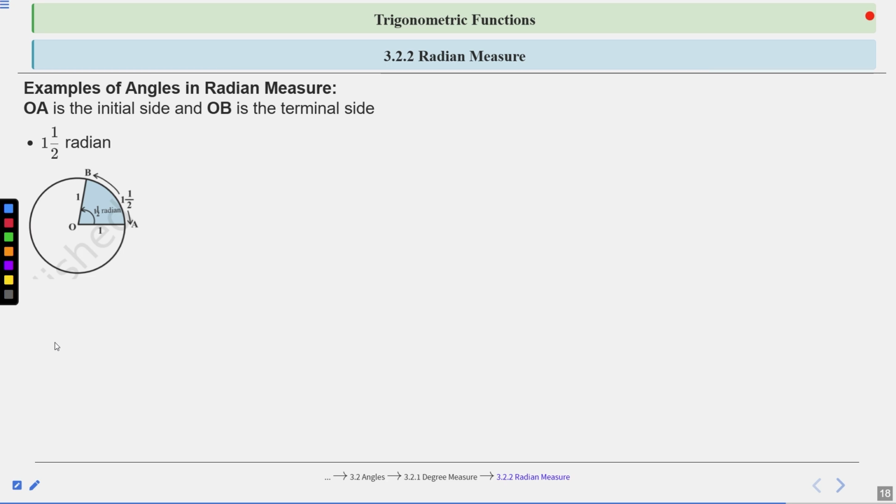Only in unit circles. Clear? So this 1 whole 1 by 2 radian is simply what? You will get this much of angle when you are traveling how much distance? 1 whole 1 by 2 units from A to B on the circumference of your unit circle. Clear?